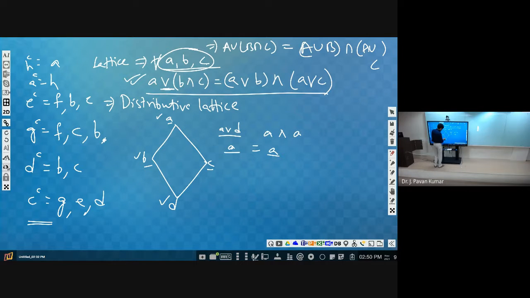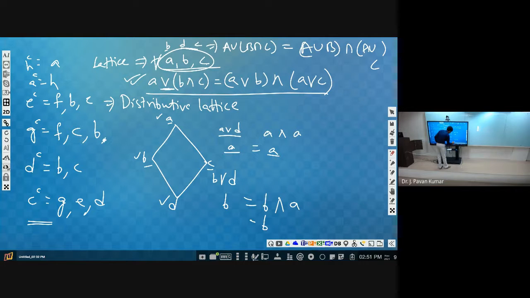Now you consider another triple, B, D, C, instead of A, B, C. Now B meet C, in the sense D meet C, is nothing but D. And A is B here, so B join D will be B. Next RHS: A join B means B join D, which is B, meet A join C, which means B join C. B join C is A. Now B meet A is B only.